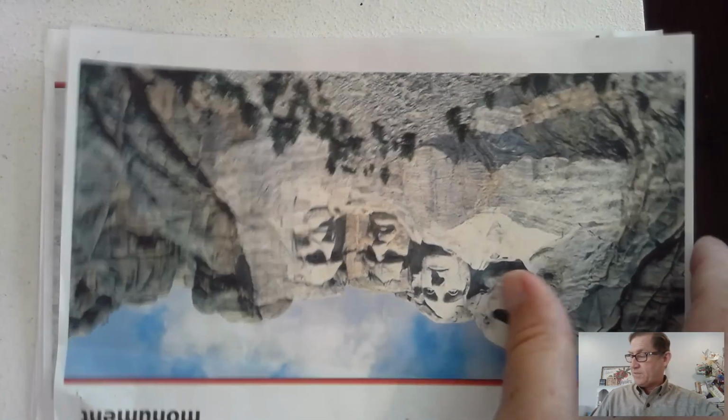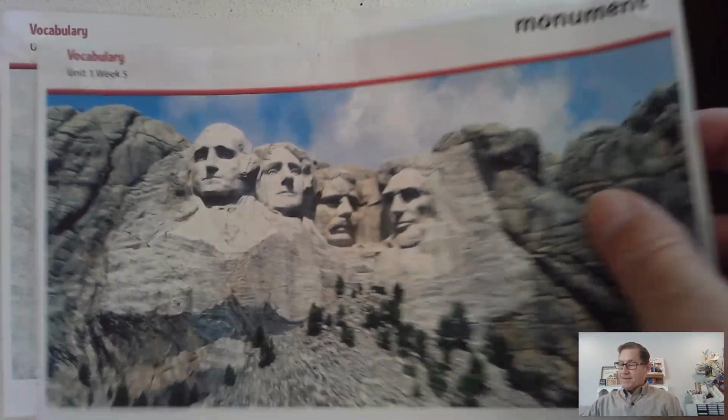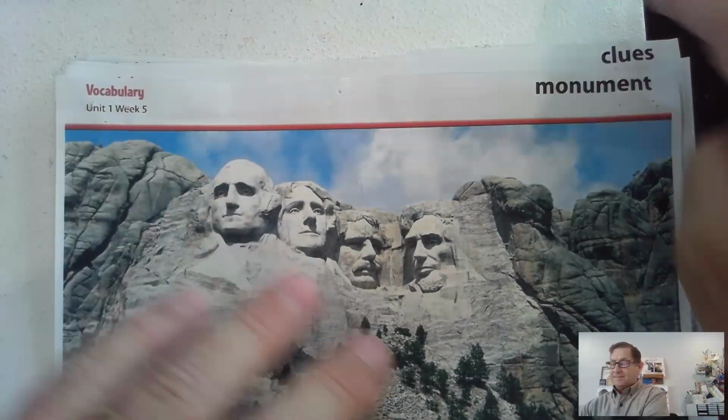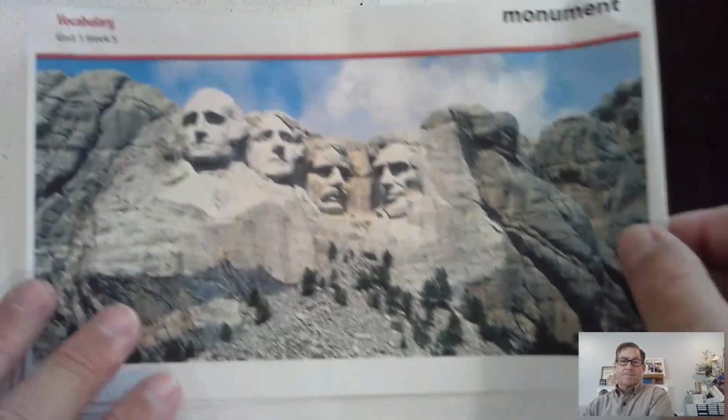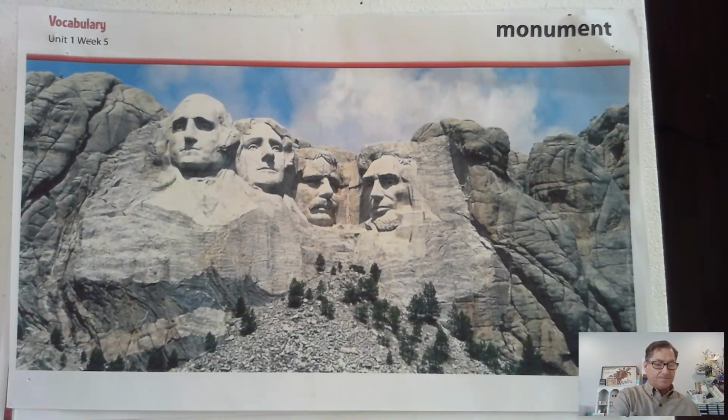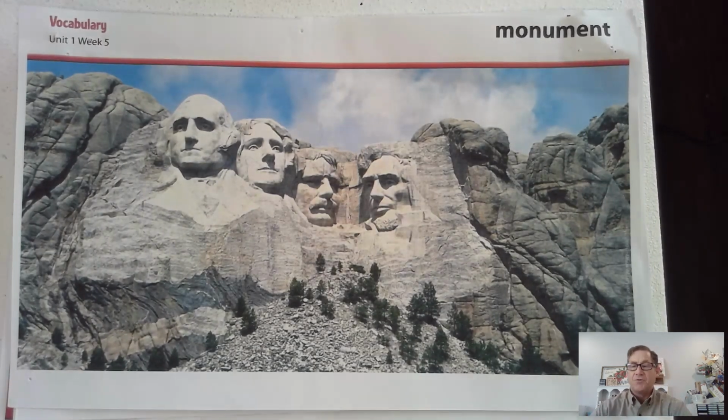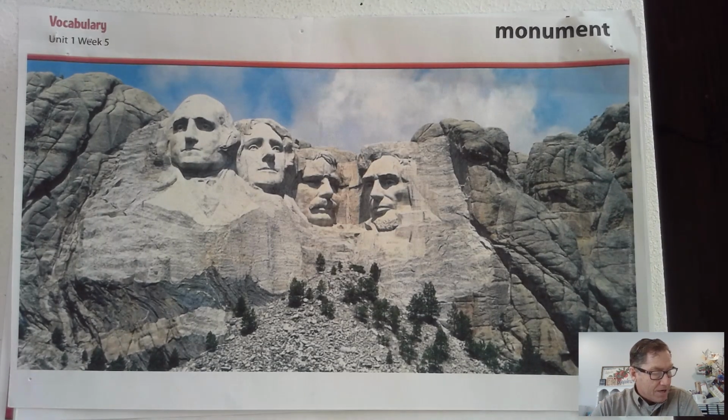Another word in this week's selection is monument. Monument. Say that word with me. Monument. A monument is a building, statue, or other object made to honor a person or event.